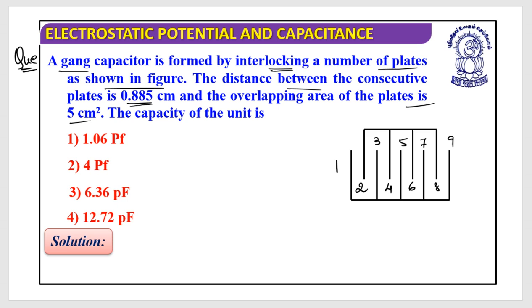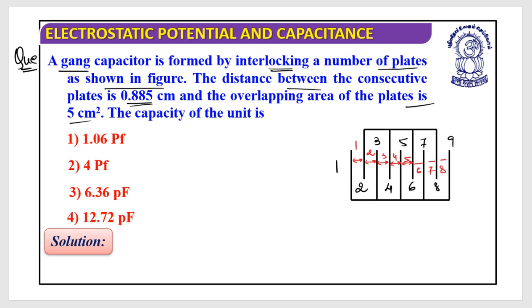So what number of capacitors can be formed? These 2 will form one capacitor, the first. These 2 will form the second capacitor. These 2 will form one more. This will be the fourth, fifth, sixth, seventh, and eighth. So all together this can form 8 capacitors.